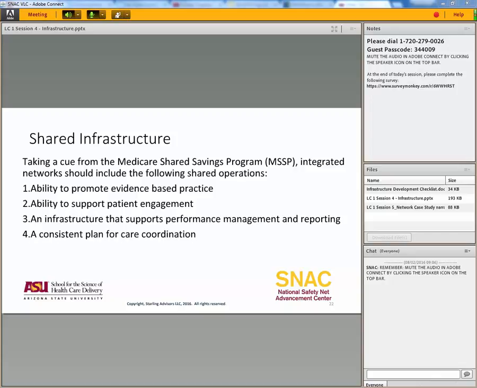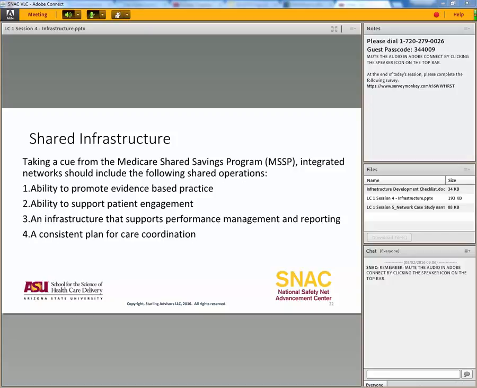And also because the Medicare Shared Savings Program offers a fairly significant protection from an antitrust standpoint, largely because when Medicare approves the application of an organization entering its shared savings program, it is more or less deeming it to be an integrated organization. So as a result, we feel it provides a fairly good set of milestones for the type of shared infrastructure necessary to operate an integrated network.